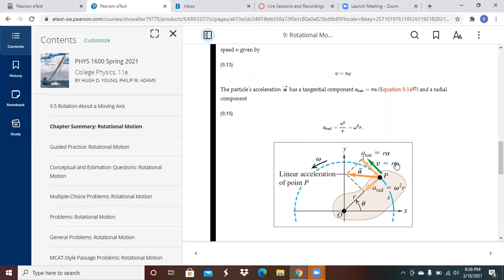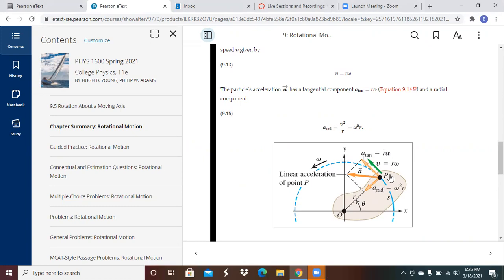Well, we've been able to describe the velocity. The angular velocity here is v over r. So if you rearrange that, then the linear velocity comes to be this. Therefore, the tangential acceleration is going to be r times alpha.